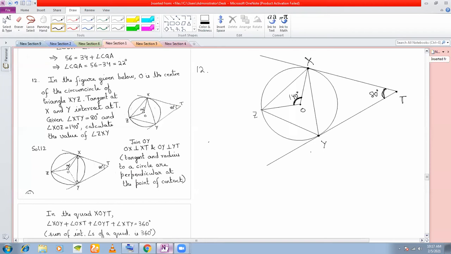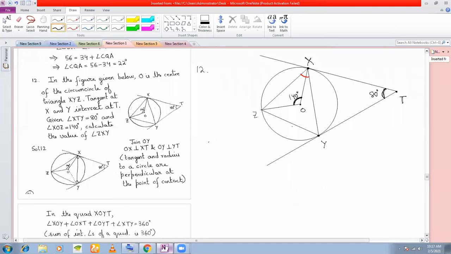Calculate the value of angle ZXY. Okay, you need to calculate the value of ZXY. We need to calculate this angle here. Now, how to calculate?